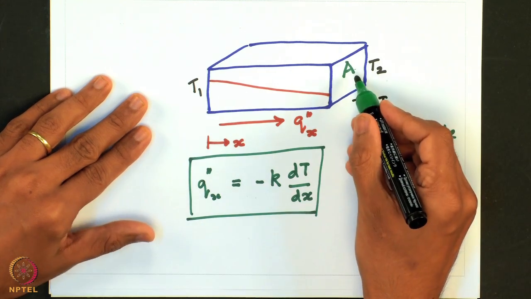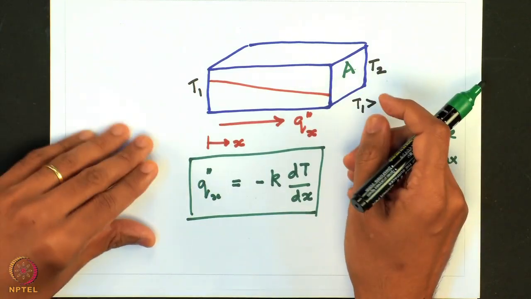Suppose A is the area of the heat transport. Remember that the heat transport is from one end to the other end, across the cross section of the slab. So the rate of heat transported from one end to the other via the cross section of the slab is given by the flux multiplied by the cross sectional area.